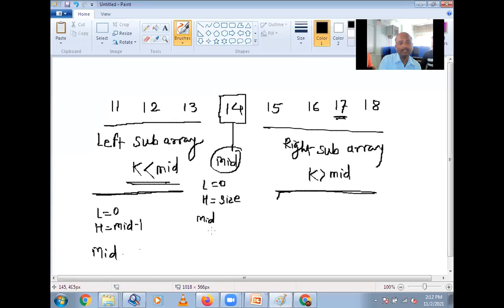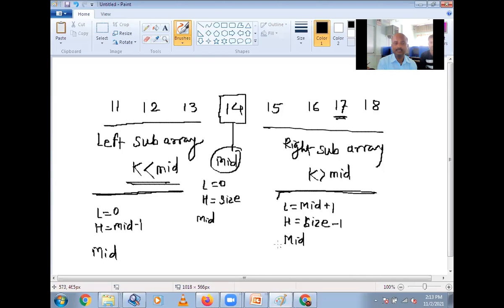If the number is in the right subarray, then low is mid plus 1 and high is size minus 1, and find the new mid. The same procedure applies. So divide this array into sub arrays so that we can find a particular number. This is the concept of divide and conquer.